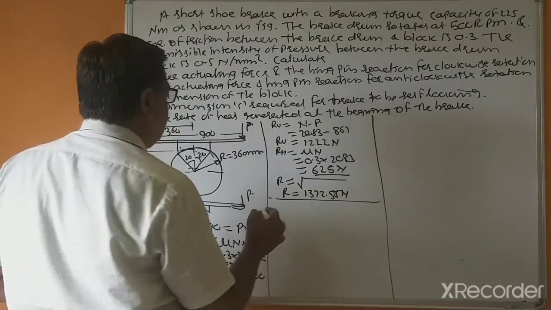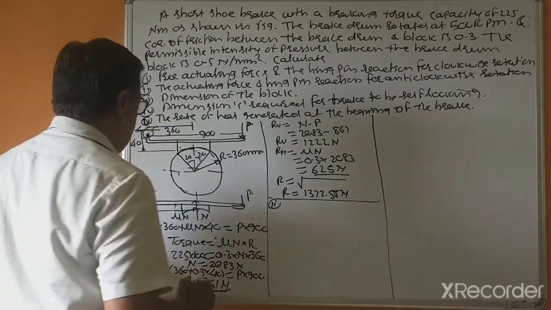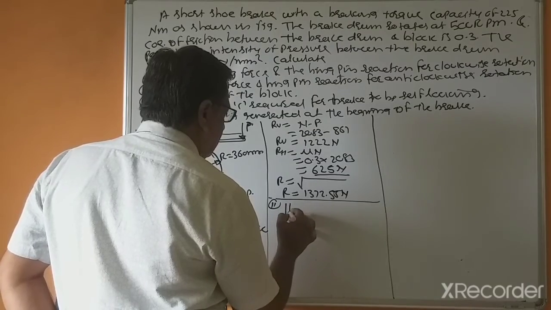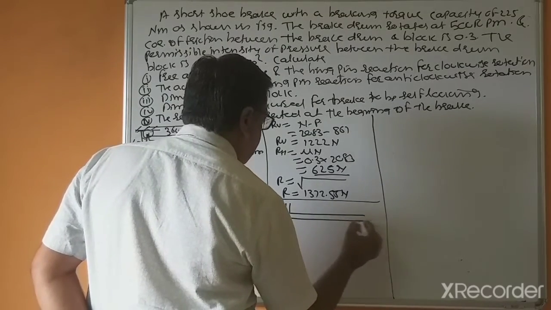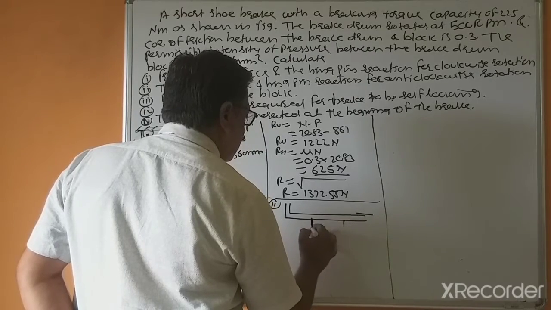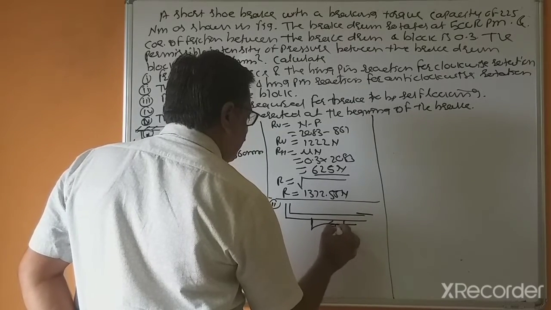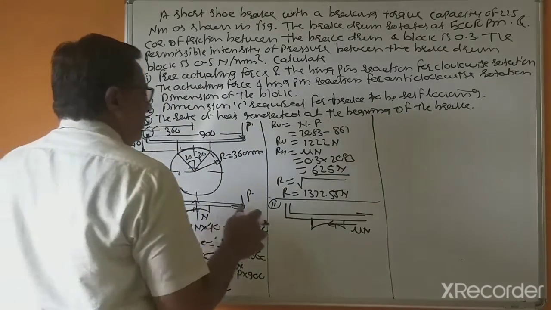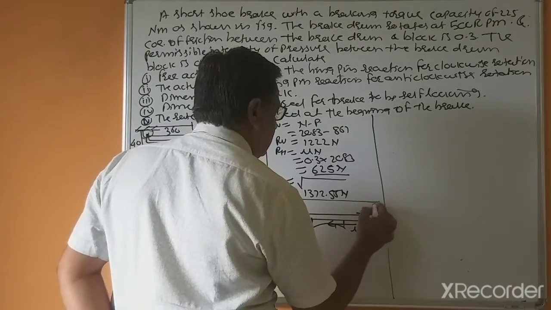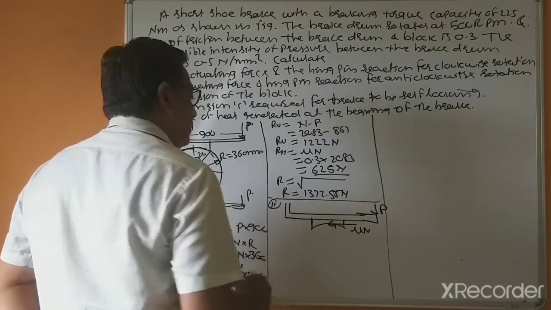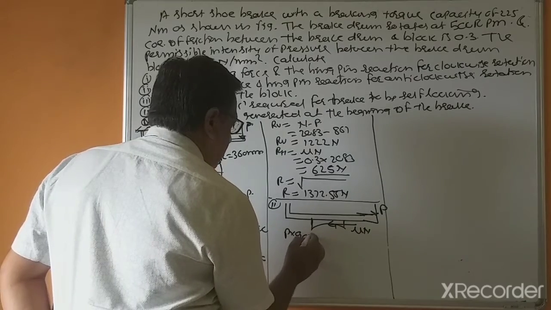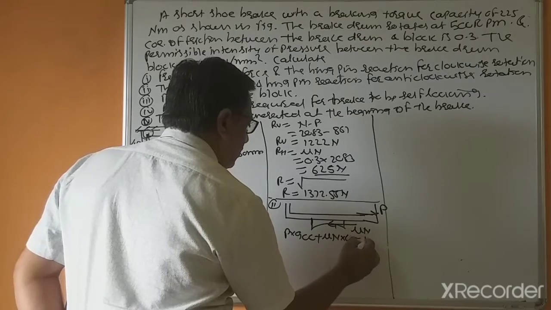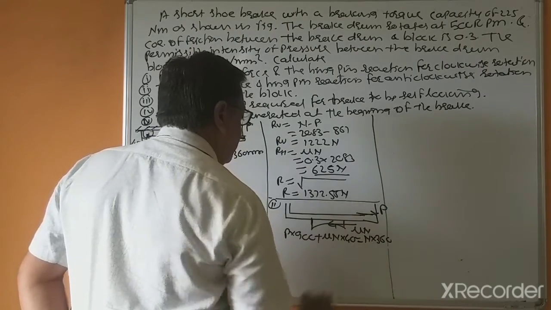Second bit, for the second bit again the free body diagram. So this is for anti-clockwise, which means the coefficient or frictional force is opposite to that, and this is P. So P into 900 plus mu N into 40 equal to N into 360.